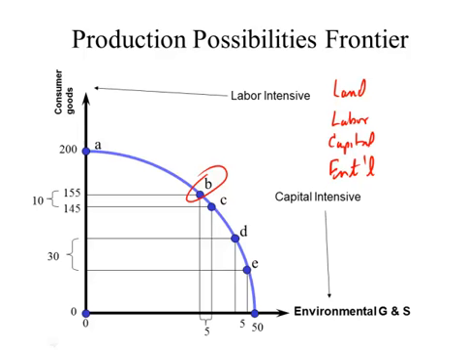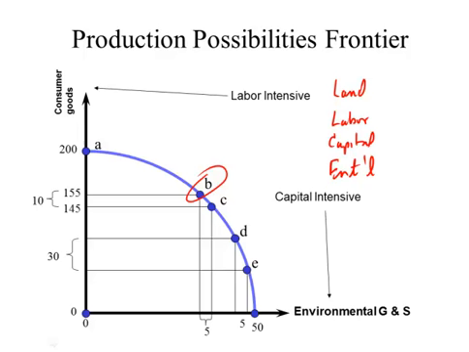And contrast that with environmental goods and services. Let's assume that environmental goods and services are capital intensive. They use a lot of equipment and machinery. Again, capital is being used in consumer goods and labor is being used in environmental goods, but what we're going to say is that these resources are used a little bit more productively, a little bit more intensively.